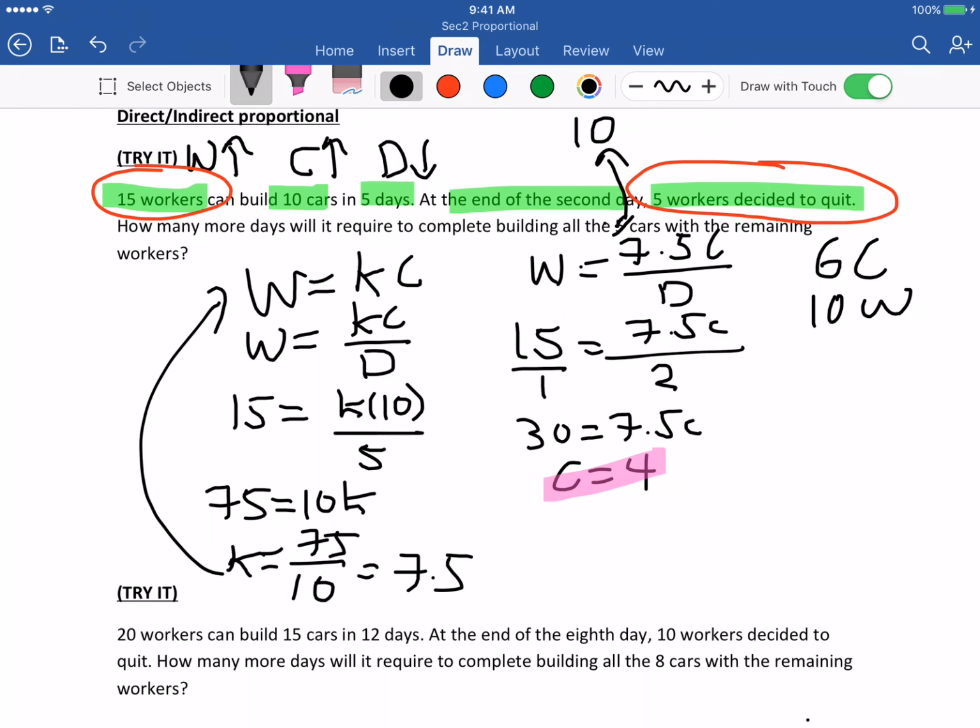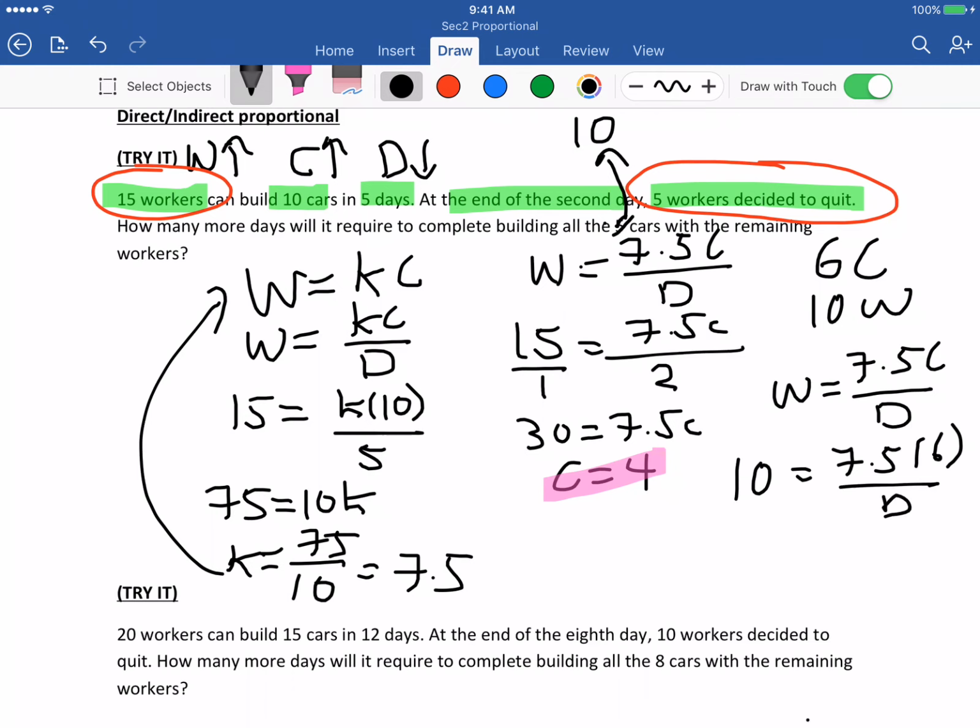So, how are you going to do it? Sub back into the equation. We know the equation is W equals to 7.5 C over D. Correct? Sub C equals 6 in and W equals 10 in. So 10 equals to 7.5 bracket 6 over D. Cross multiply, 10D is actually equals to 45.